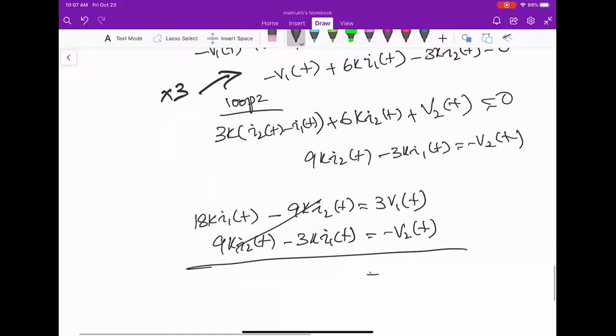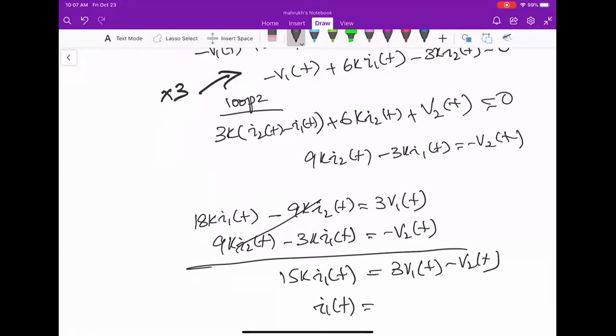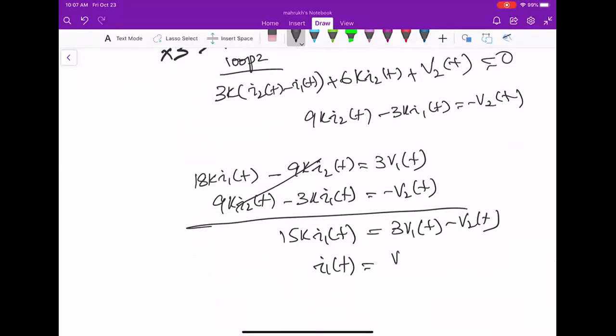This will cancel. This will become 3 V1 of t minus V2 of t, and 15k I1 of t. I1 of t will become V1 of t by 5 minus V2 of t by 15. Sounds good? Okay, so I have now I1 of t, right?